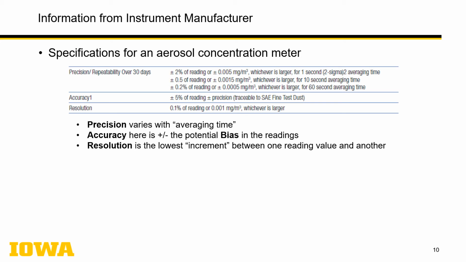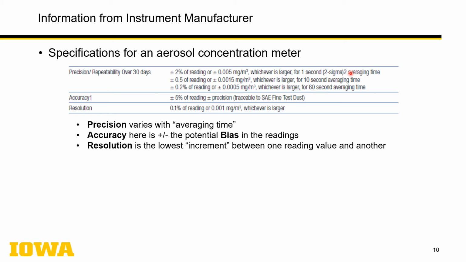Well, the precision, as we know, is this, as expressed here in percentage, 2%, 0.2%. So it's interesting here to note that the precision varies with what they call the averaging time. So the lower precision of plus or minus 2.2% here is related to a very quick averaging time of 1 second.